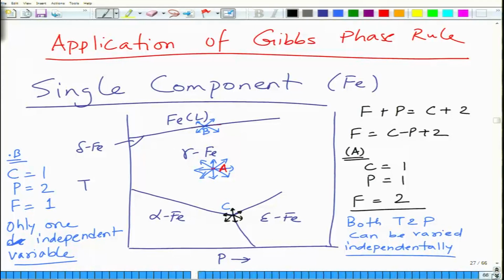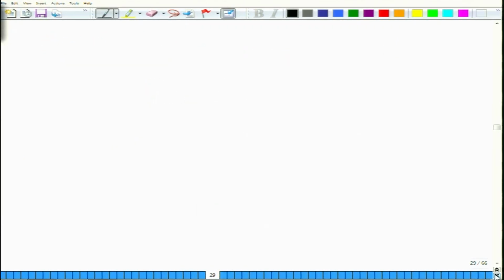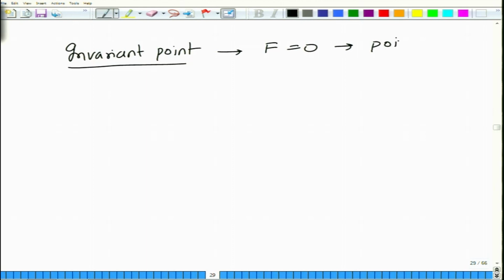So you can see that for a unary system, an invariant point means f is equal to 0. It is basically a point. When f is equal to 1, it is basically a line. You move along a line, okay.